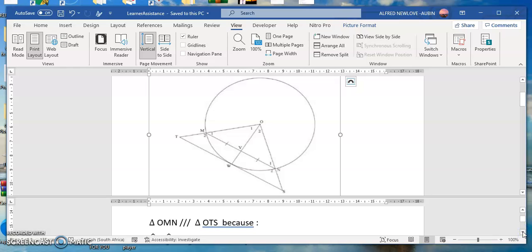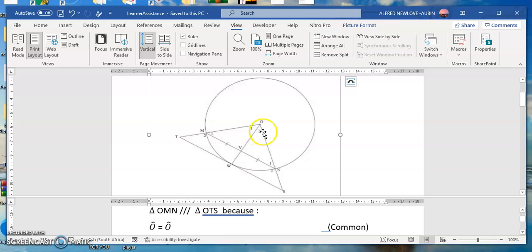So I said OTS is actually similar to OMN. OMN, this smaller triangle, is actually similar to OTS. Why? Because angle O is equal to angle O. This angle is common to OMN and OTS.